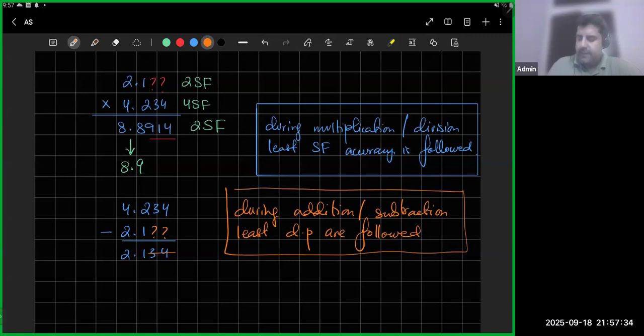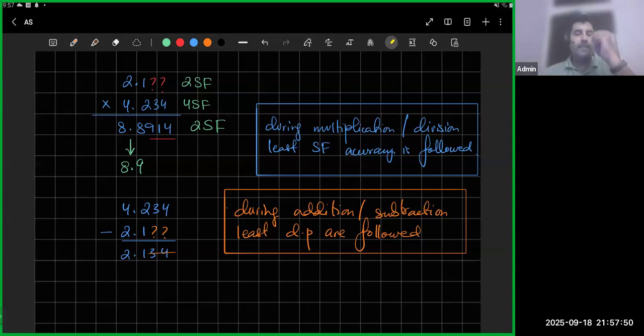Your answer should have the least decimal places. For example, if this was 3 decimal places and this was 1 decimal place, right? So your answer would be accurate up till 1 decimal place. बाकी दो का तो फायदा ही कोई नहीं है क्योंकि I have no idea what those question marks are, right? So is this part clear?